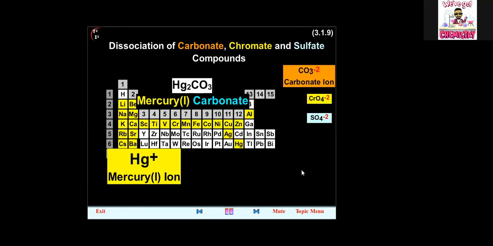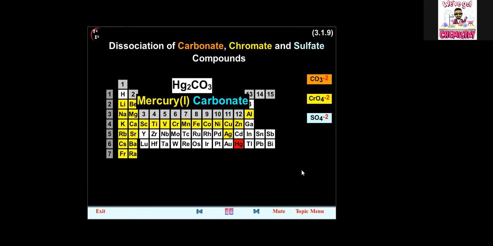Mercury(I) carbonate, Hg2CO3, is insoluble in water. Remember the peculiarity. There was a pattern that you must have observed when we were doing the other solubility rules. So you need to take down notes and remember this pattern.